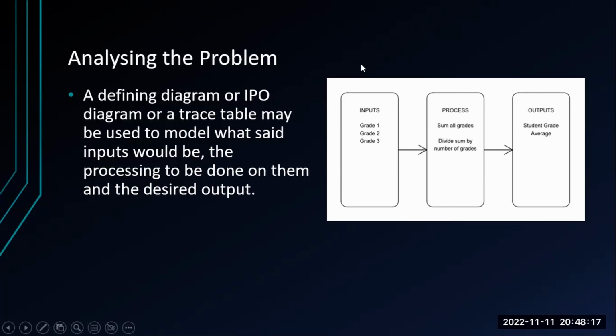Here you have your inputs, which would be grade 1, grade 2, and grade 3. Then in the process block, it would show sum all the grades and then divide that sum by the number of grades. And then for output, it would have the student's grade average. So here you have your inputs, your process, and your outputs, your IPO.